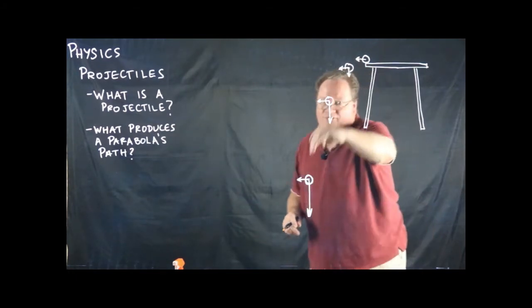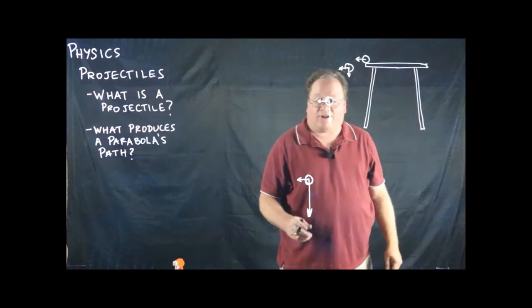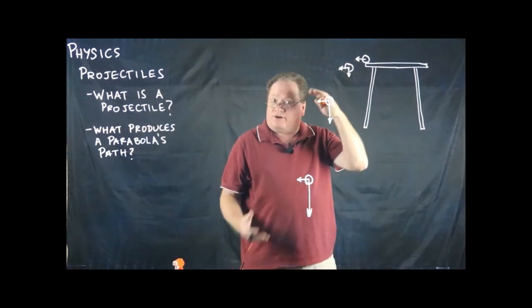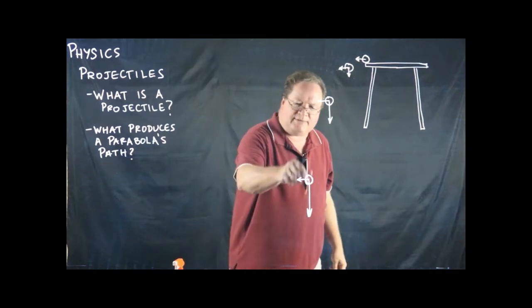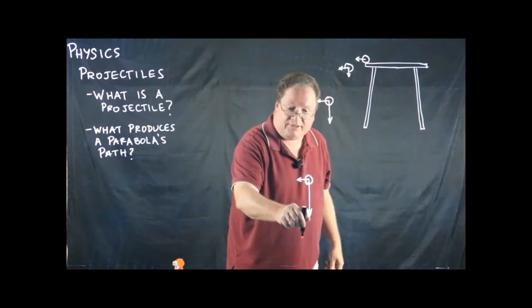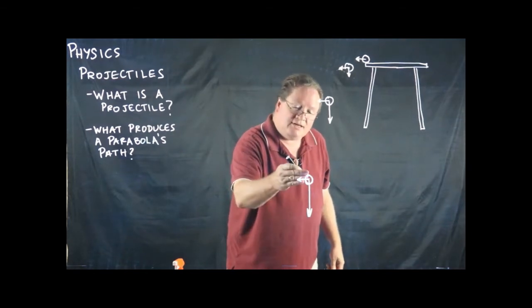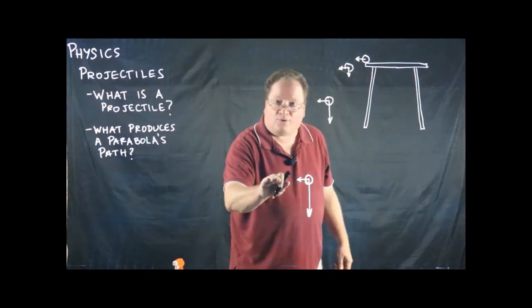Gravity's acting the whole time. And every split second that you continue to fall, this vertical velocity is going to get longer and longer and longer. So your motion seems to be more vertical when you get a decent time pass. You're going to have more vertical velocity than you do horizontal.